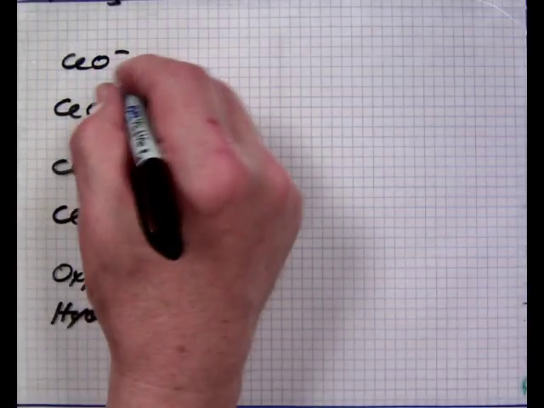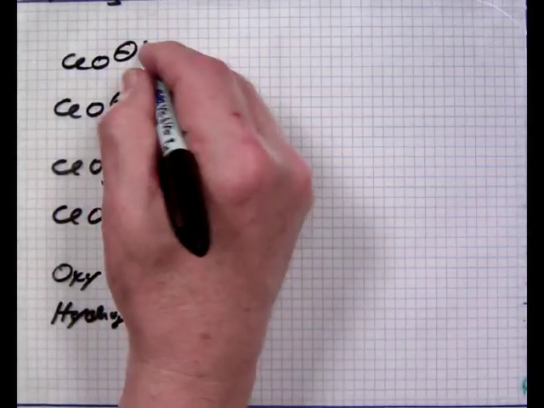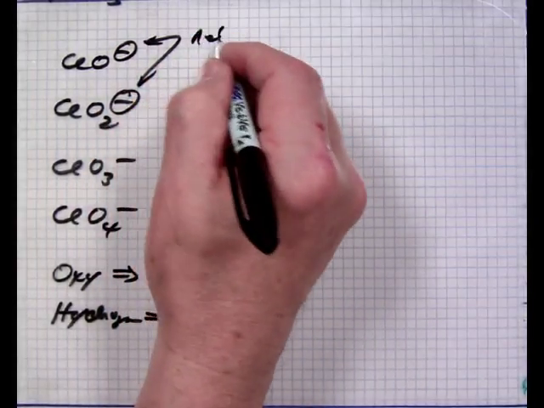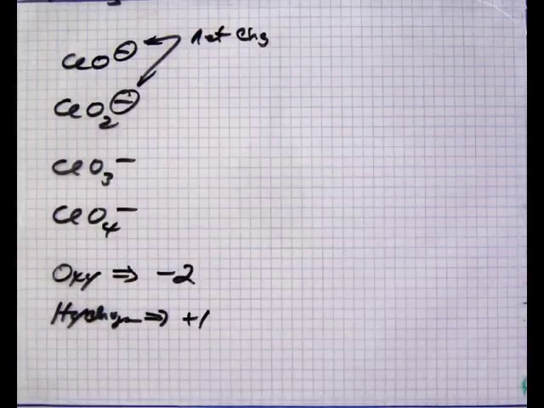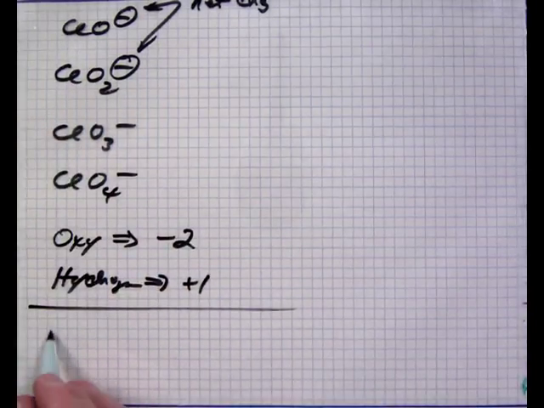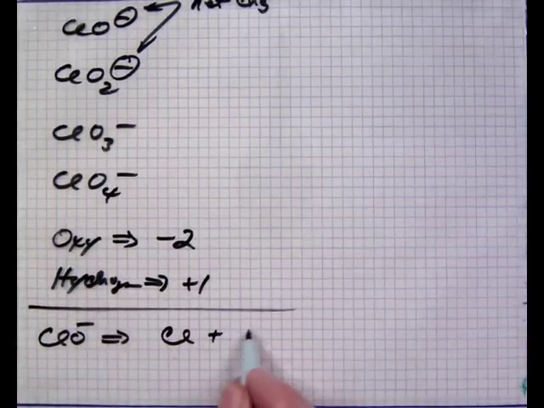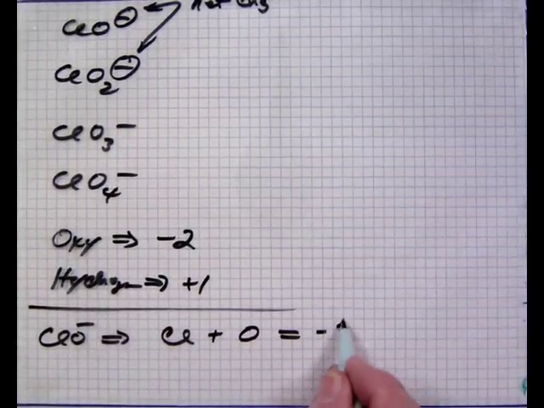So when I look at ClO minus, and this is called the net charge, which is the algebraic sum of all the charges of the individual elements, right? So if I take the ClO minus up here, I can break it down to Cl plus oxygen equals a -1.